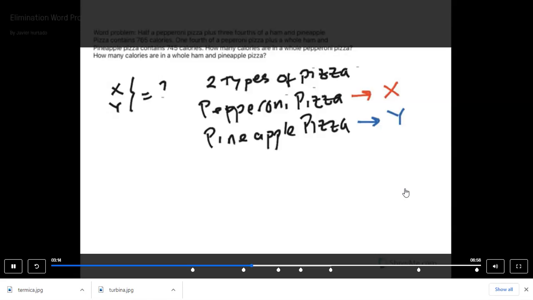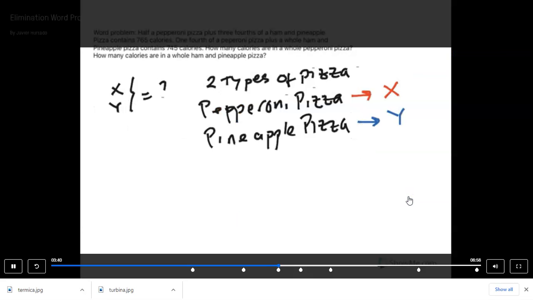Okay, so that's the first step. Out of the 8 steps that we have been using, we are going to set up the equation, and this is the first thing that we have to do. We need to know which are our variables and what they represent. So now that we know that pepperoni pizza is x and pineapple pizza is y, let's read again, because the problem says half a pepperoni pizza.